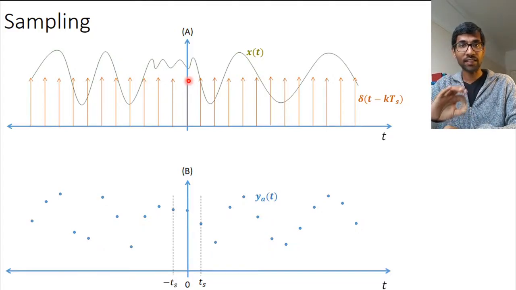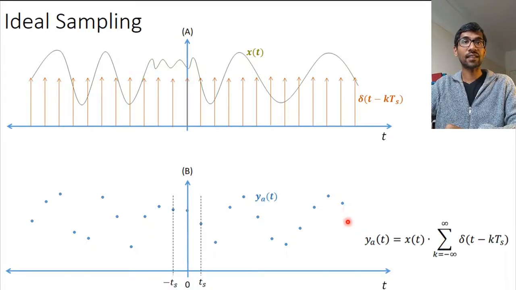That's not a mathematically rigorous definition, but I think that would do for the purposes of our course. Okay, so basically what we are saying is that the sampled signal, which I have called y_a here, is the analog signal x(t) multiplied by this train of impulses.